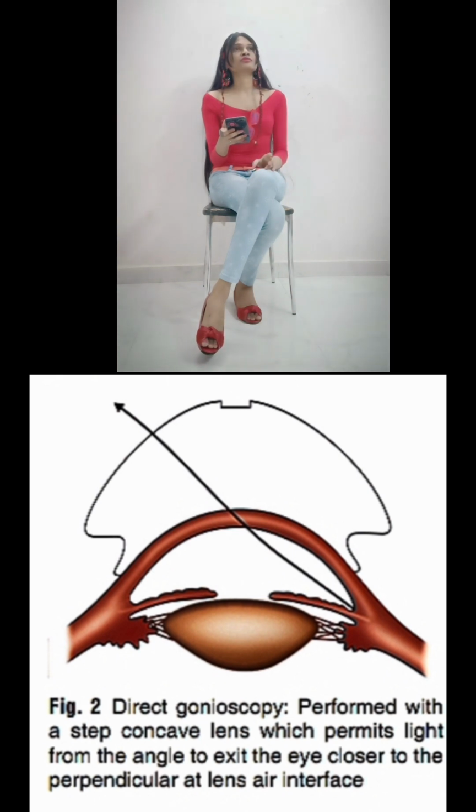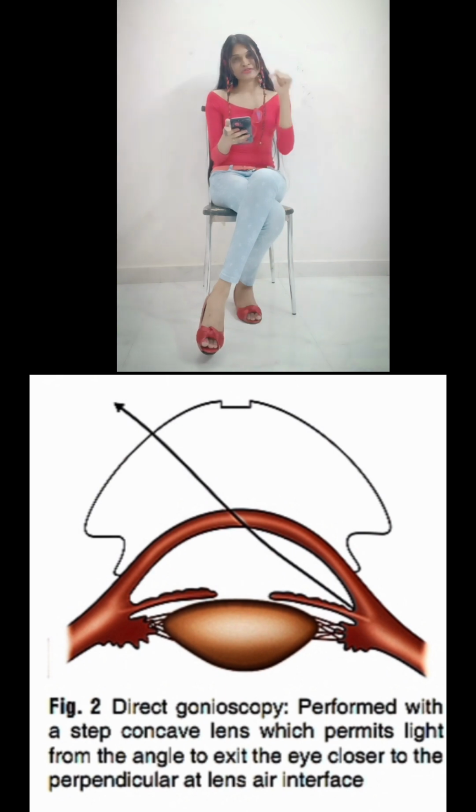And even the bridging substance that is required, be it Bennett's salt solution or be it viscoelastic substance, they have the similar refractive index, and that's why there is minimal or no refraction occurring at the cornea and the lens interface in both direct and indirect gonioscopy. But in direct gonioscopy, what happens? There is no mirror, and the anterior curvature decreases the angle of incidence at the air and the contact lens interface.